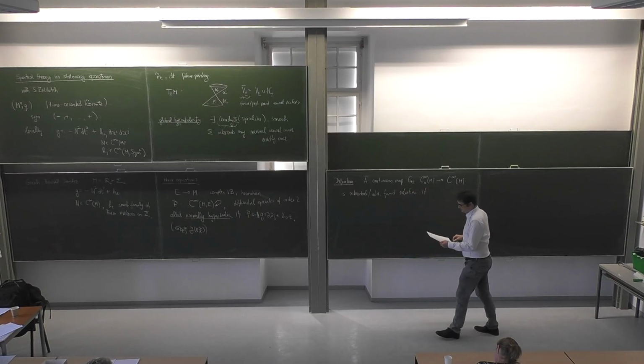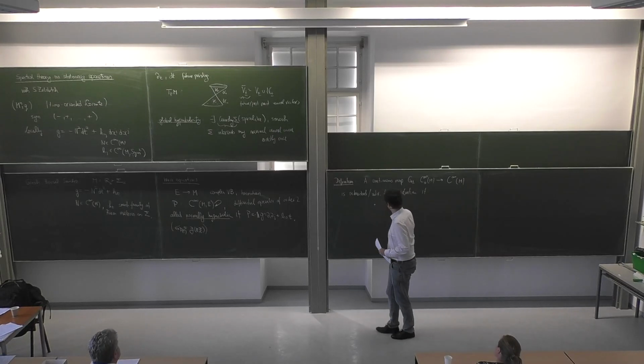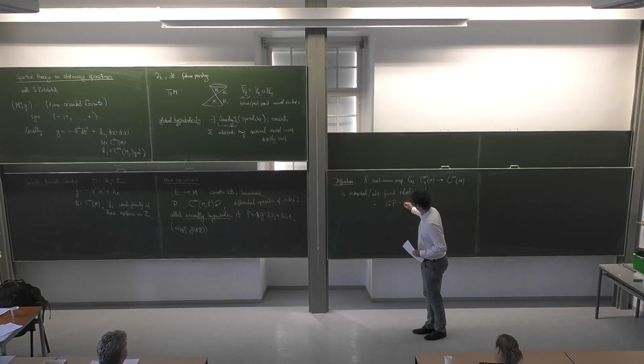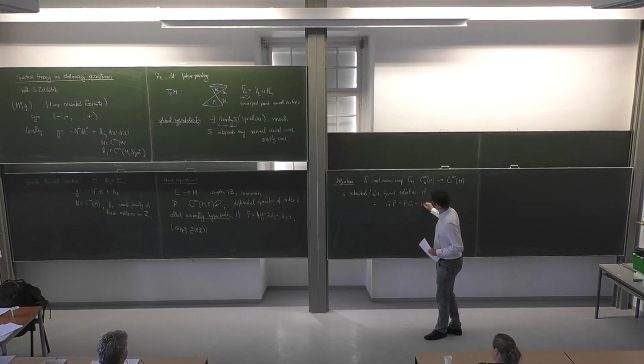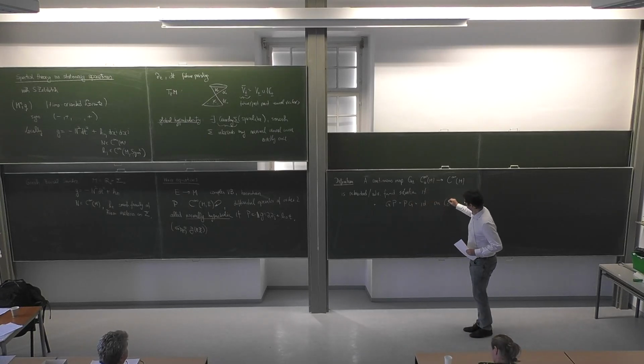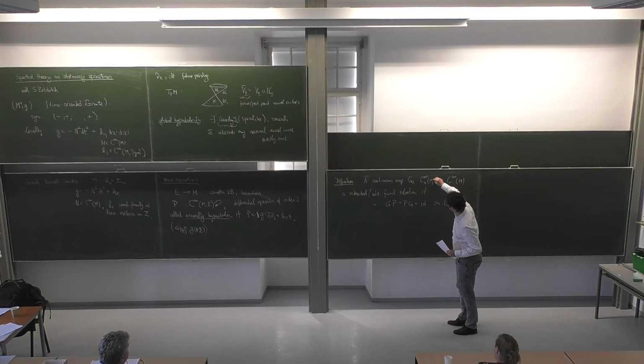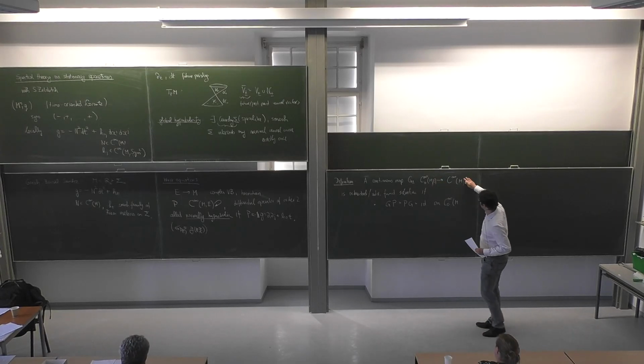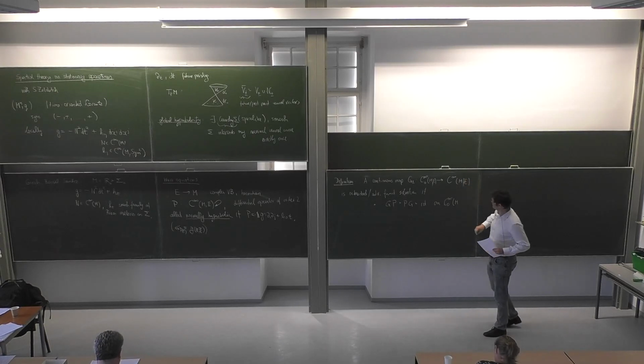If the following is true: first of all, it's a two-sided inverse of P on compactly supported smooth sections. Sorry, I should probably write here the sections. At some point, I'll stop doing that, but still not there yet.